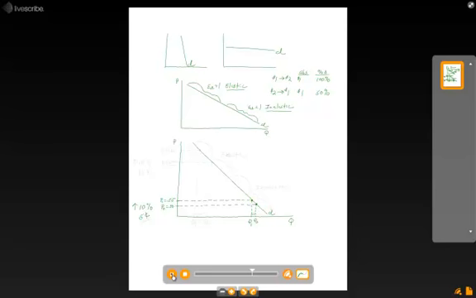Now let's take that same idea and go to the upper end of the demand curve. Let's say we're going to start right here at an initial price of $1.50 per gallon. Now, we're going to do the same thing. We're going to increase the price of gasoline by 10%.